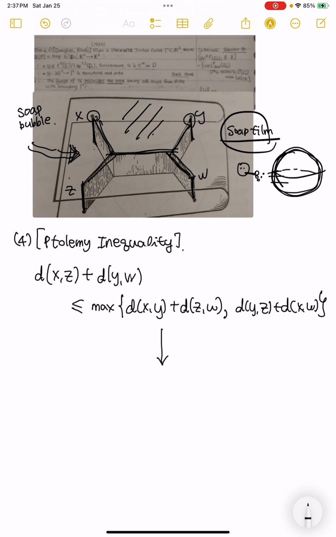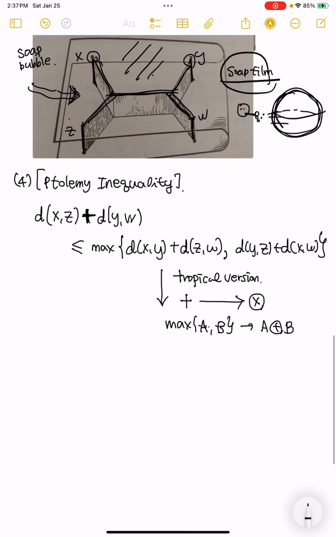When we change the usual addition and usual multiplication into the tropical version, the usual sum is changed to tropical multiplication, and the maximum is the tropical sum. For convenience, AB means A tropical sum B.